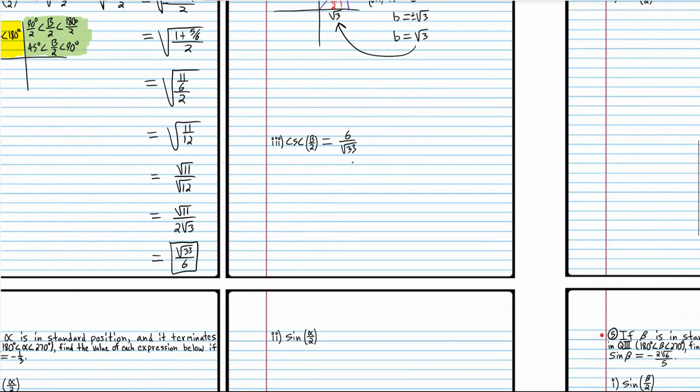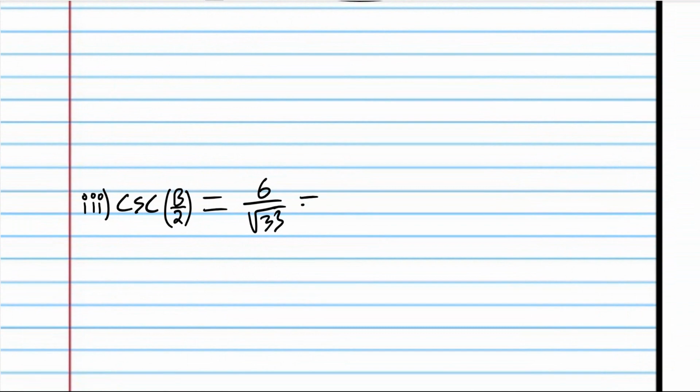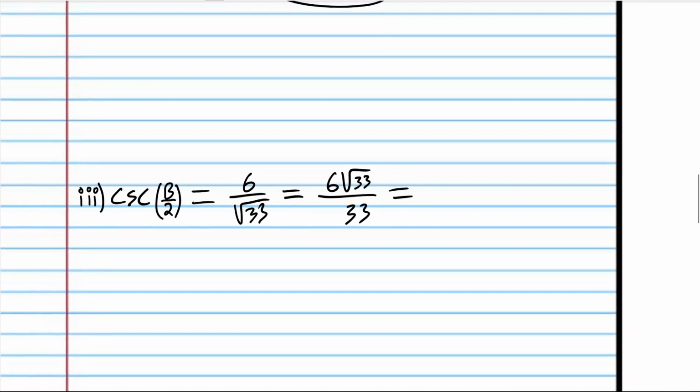Notice that's just the reciprocal of this number here, because that's sine B/2. Then we multiply both sides of the fraction by √33, and we get the following. Then 6/33 simplifies to 2/11. And that's our answer, 2√33/11.